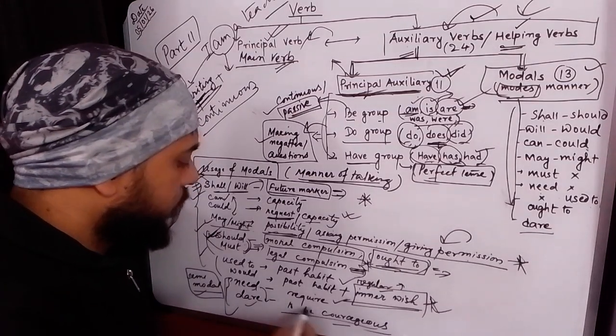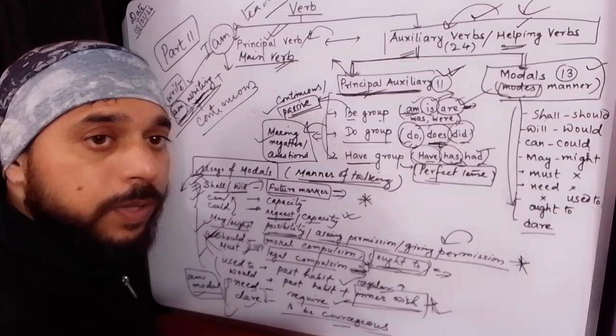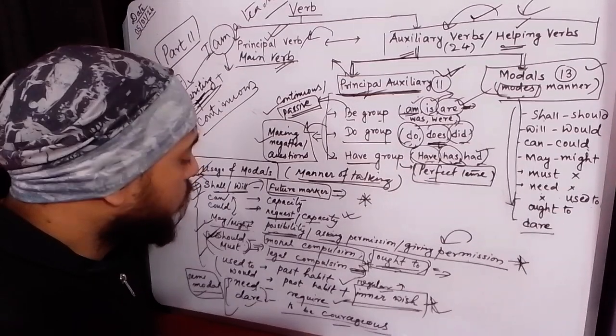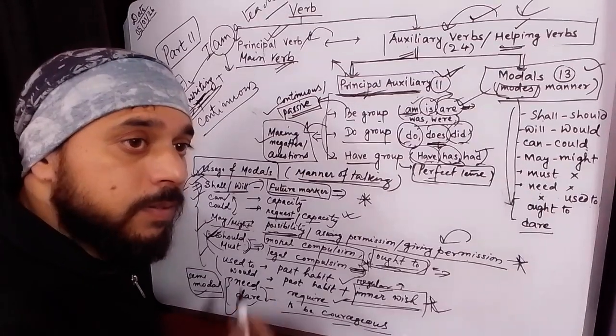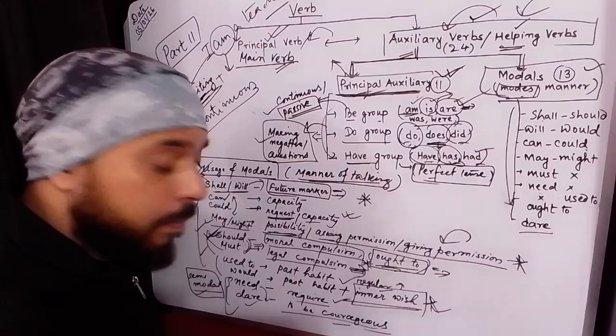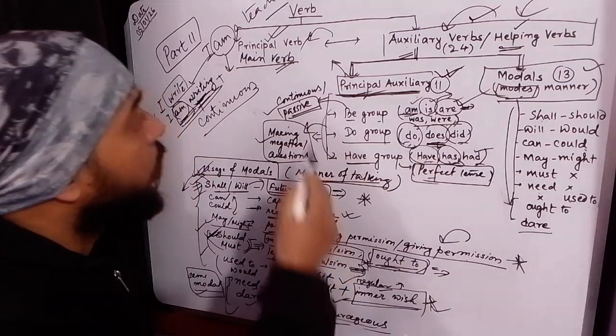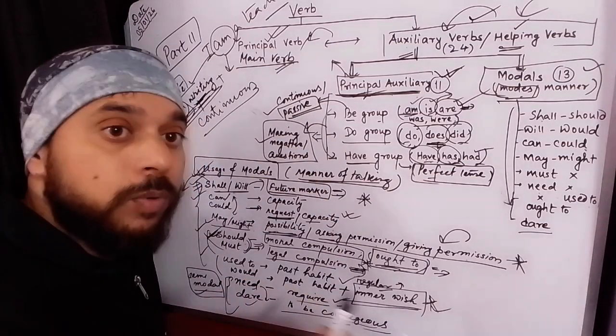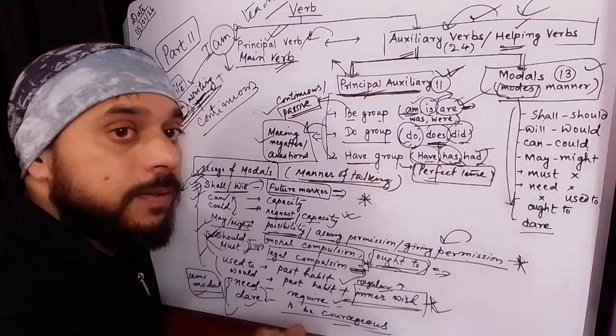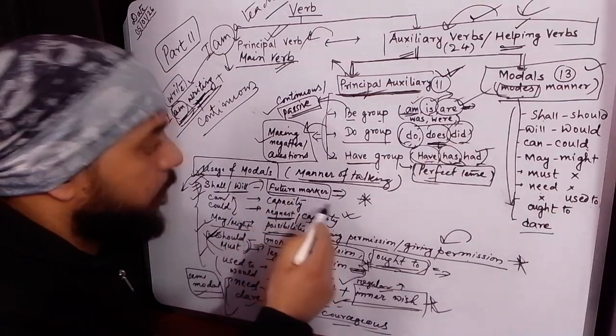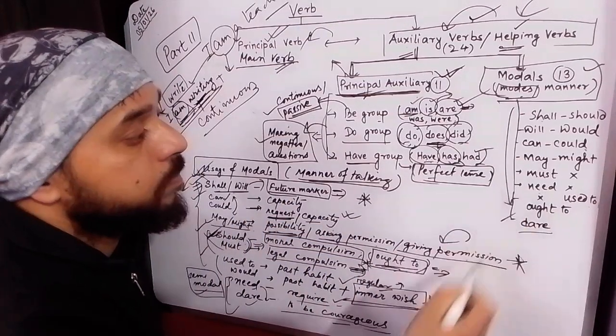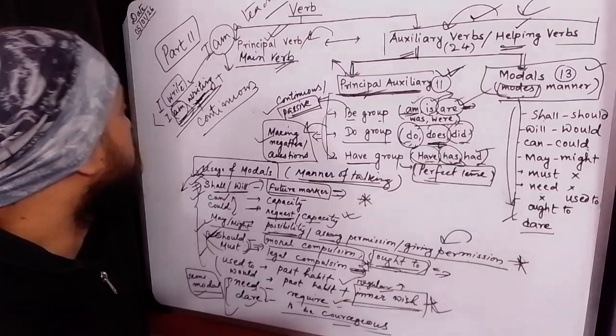And you need to go there. You need to go there. That is used as a verb, principal verb. And you need not go there. That is used in modal usage.